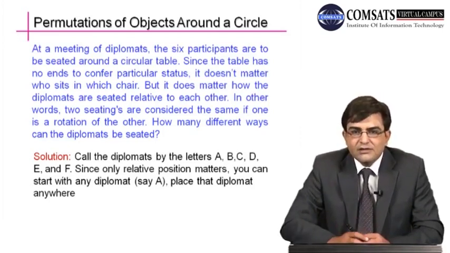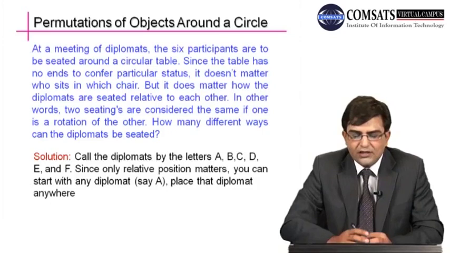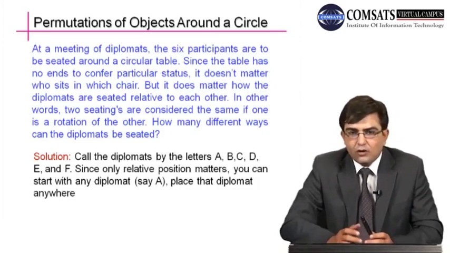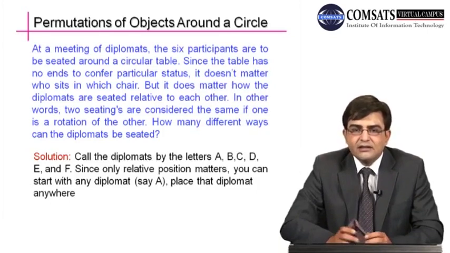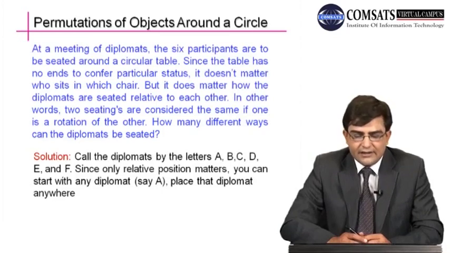Now the problem is that the circle has no ending point. We don't know its starting point, we don't know its ending point. Then how can we permute the elements or objects which are arranged in the form of a circle?